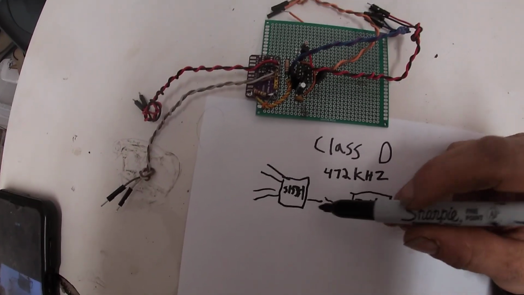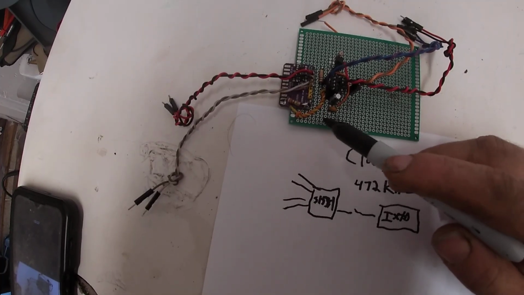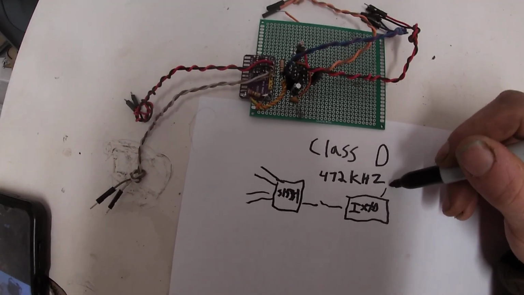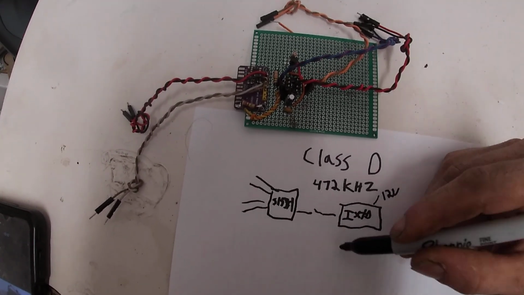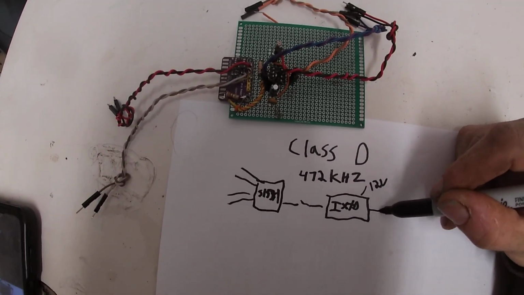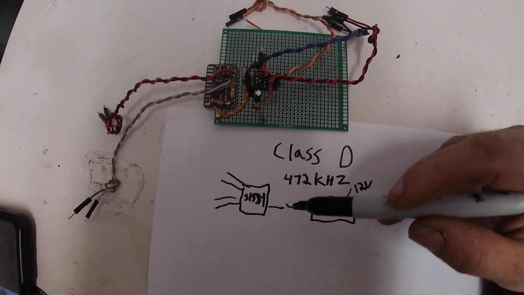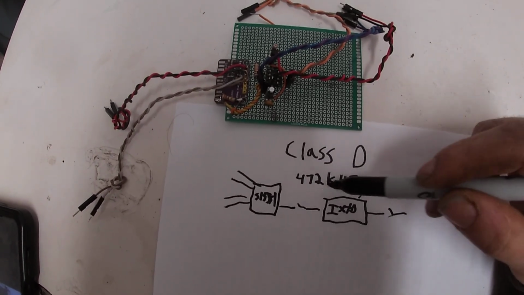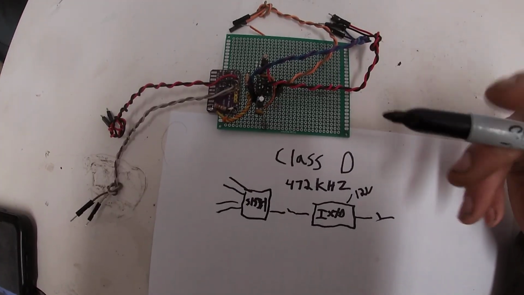What you need to know about that is that it takes the clock signal out of the SI 5351, adds power, in this case 12 volts, and then swings over a wide range of frequencies, once again switching on and off power, this time more power, at the same rate of 472,000 times per second.